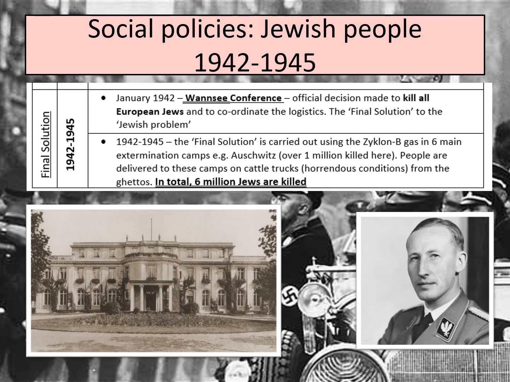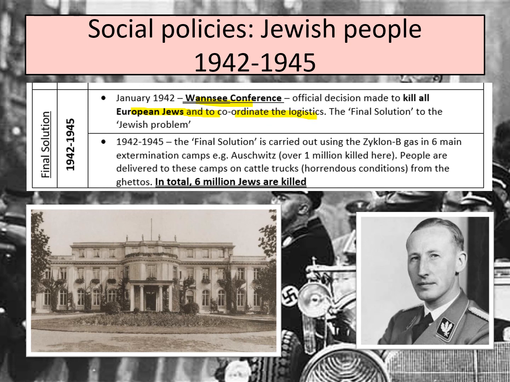Nazis had already murdered so many Jewish people before 1942, but things get even worse then when they make what they call their final solution to the Jewish problem, a decision in which they plan to kill all of Europe's Jews, all 11 million of them. And at this meeting that's held in somewhere called Wannsee, just outside of Berlin, they coordinate the logistics of murdering all these people.